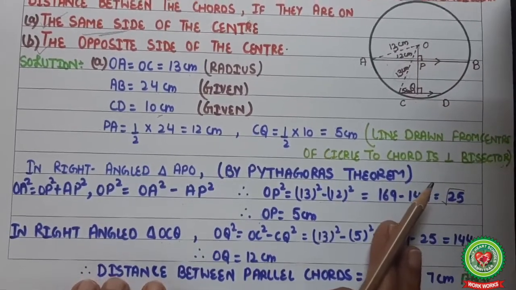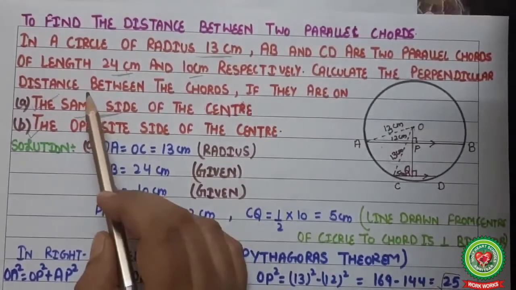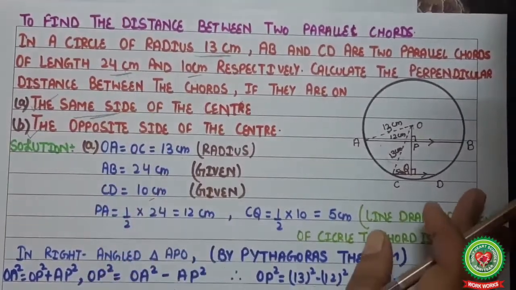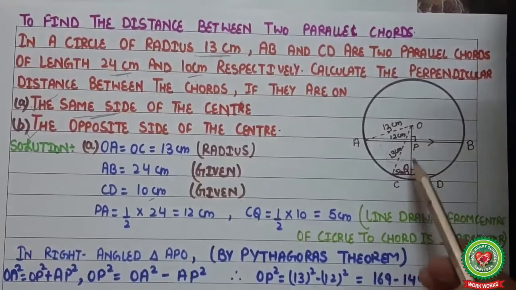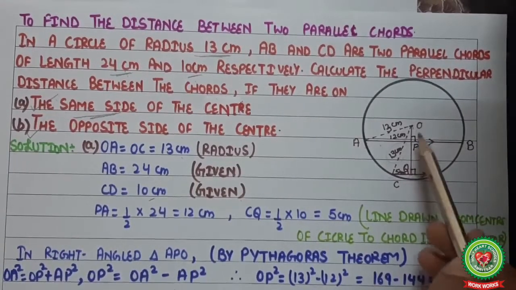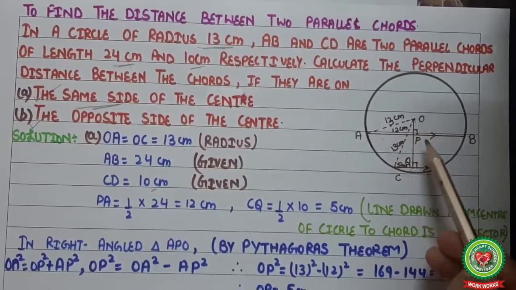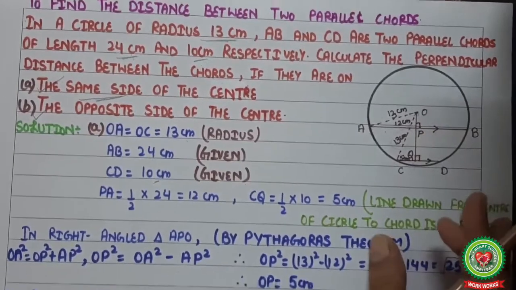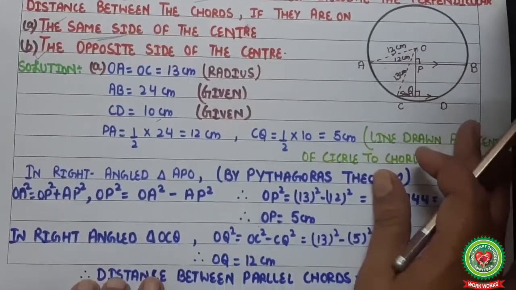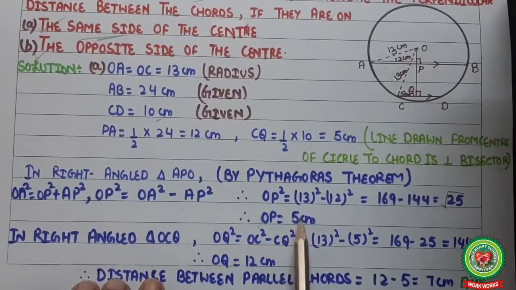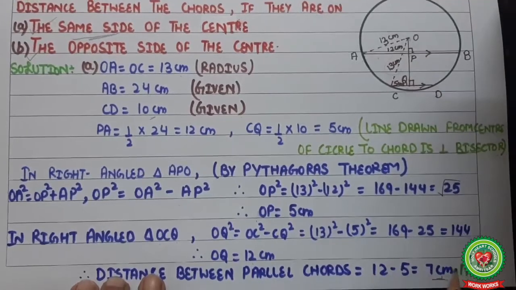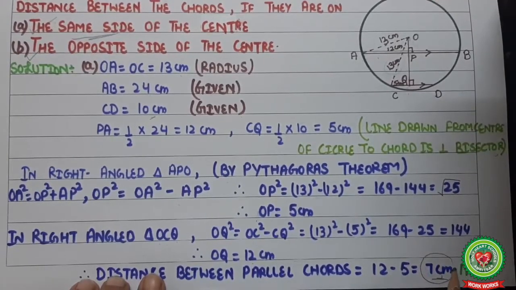Now students, we have to find the distance between the chords, means we have to find PQ. What will be PQ? PQ will be OQ minus OP. Now subtract these both values, means 12 minus 5. We will get 7 cm as the answer. So 7 cm is the distance between both chords.